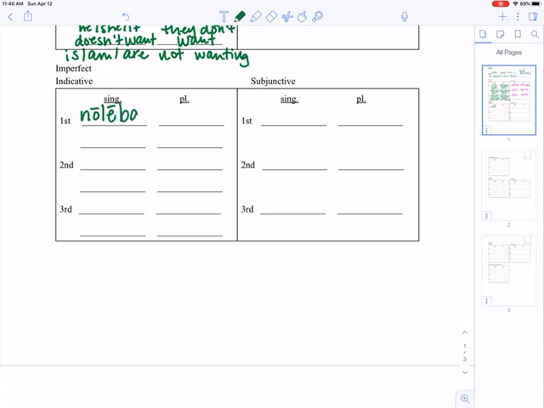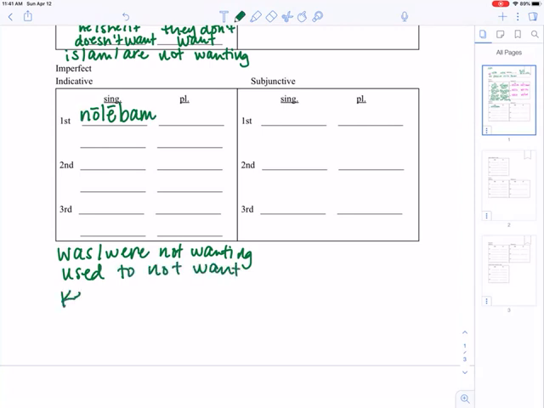And then we're going to add bam. Now this could be was or were not wanting, used to not want, or kept not wanting.